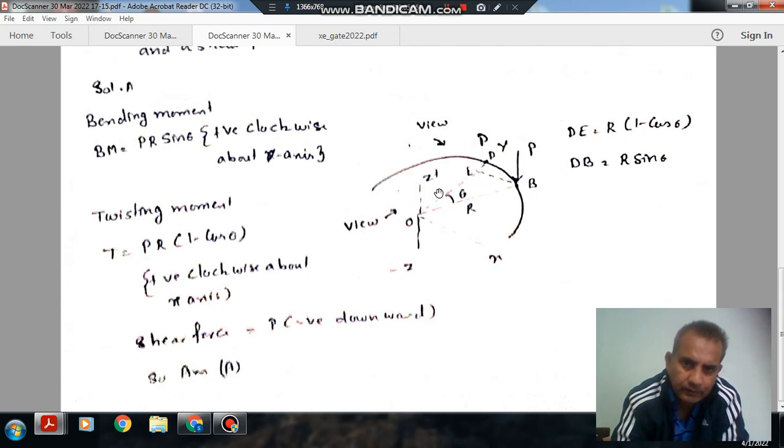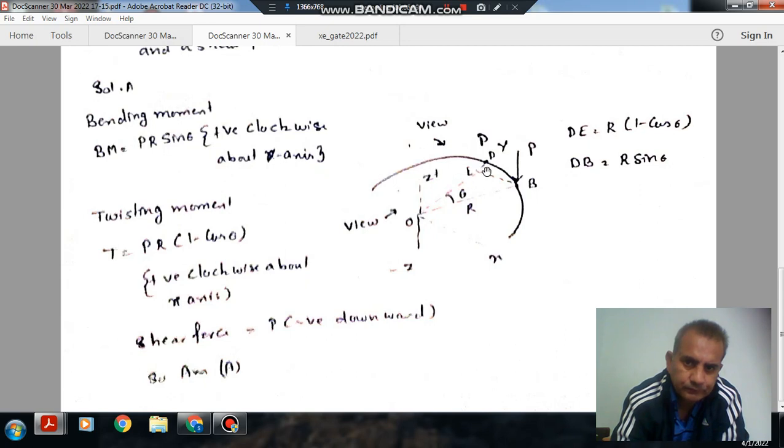If this angle is theta and this is R, then it will be sin theta. So the bending moment is PR sin theta, and it is clockwise when we see from here, and clockwise is taken as positive. So it is PR sin theta.